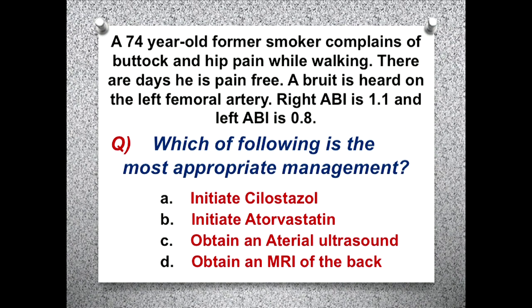But if you have spinal stenosis, then some days you can walk 1 block, some days 5 blocks, some days you have no pain. So if he says some days are better than other days, then obviously it's his back. But he still has vascular disease. His ABI is 0.8 and he's got a bruit, so he still has vascular disease.